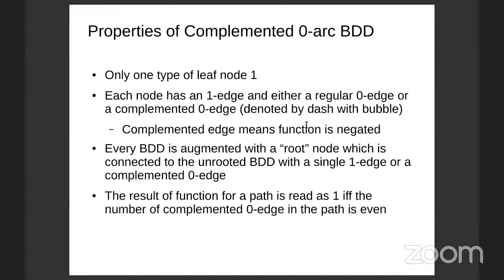That's what I'm using. This is called a complemented edge. That means that when you follow such an edge to 1, you have to treat it as a 0 value instead of a 1 value.